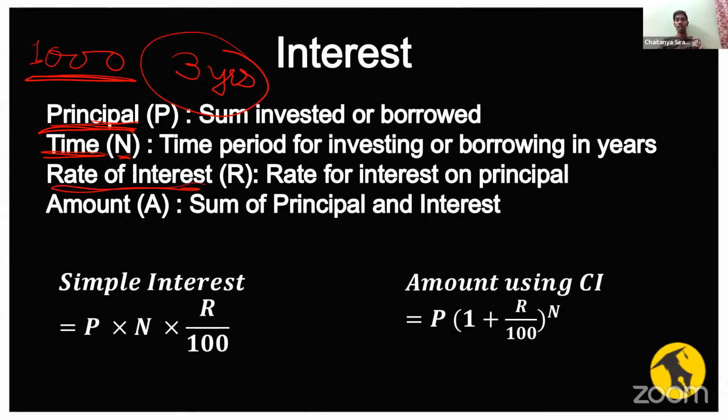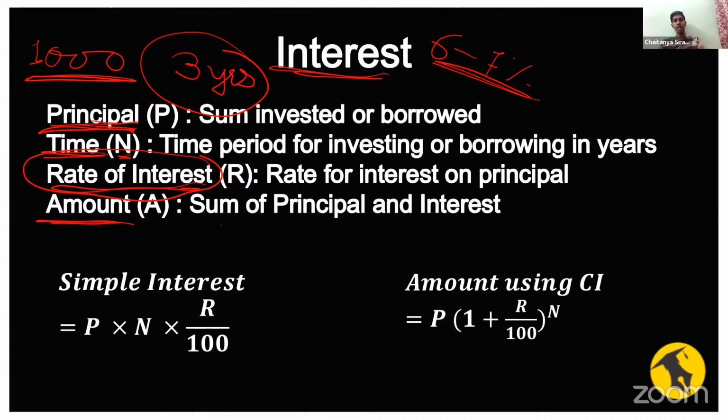Then there will be some rate of interest, which they will charge you on the money invested or borrowed. As per my knowledge, the interest rate for a fixed deposit is somewhere around 7 to 8% at different banks right now. Not even 7 to 8, I guess it's somewhere between 6 to 7. So they will give you some rate of interest, at which you will get your interest. And there is one more term, amount.